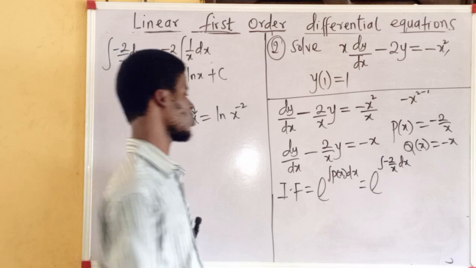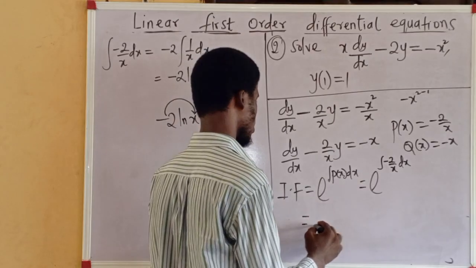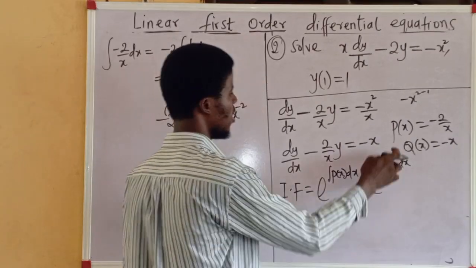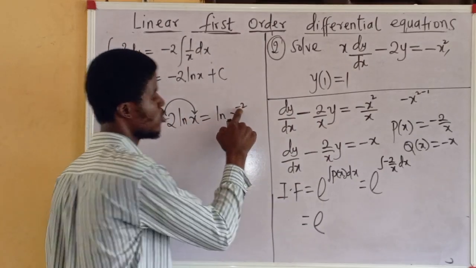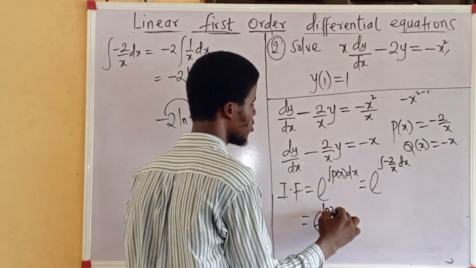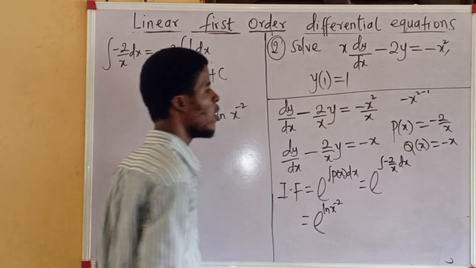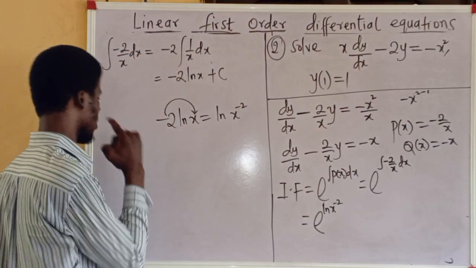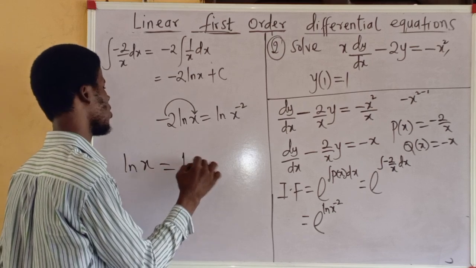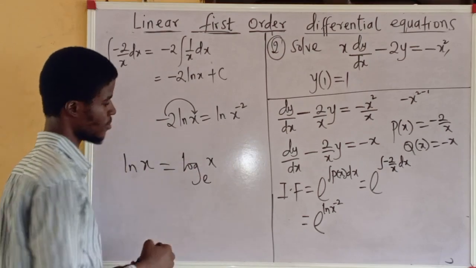So this integrating factor will now be e to the power of ln x raised to the power minus 2. Also, remember that ln x is the same thing as saying log x to base e.